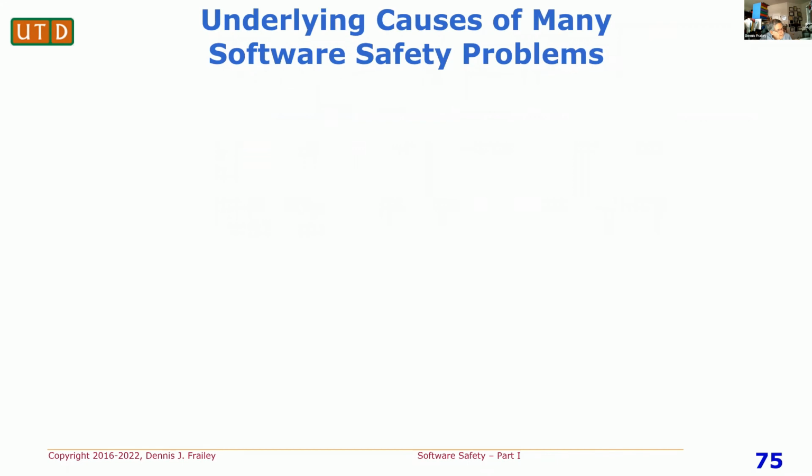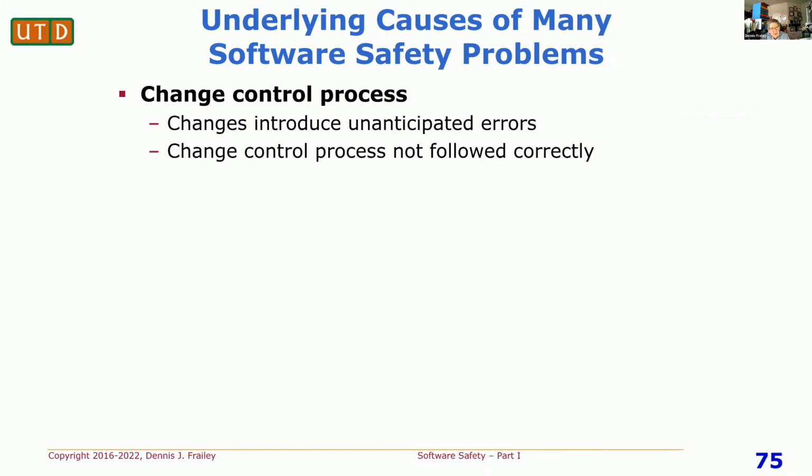Now, the underlying causes of a lot of software safety problems are the change control process, where you make changes that introduce errors, often because you didn't follow the change control process the way you're supposed to. You're supposed to understand the consequences of the change and make all the necessary updates or corrections.